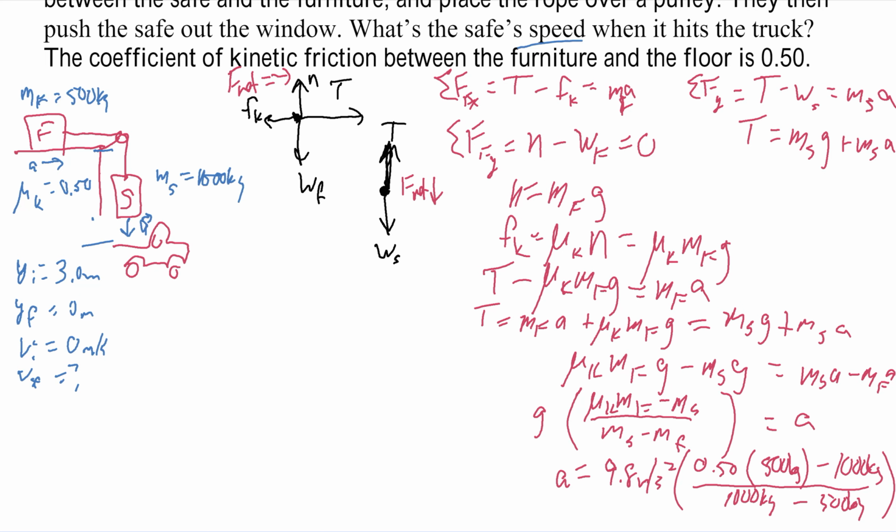What is the answer? Oh, I got a plus sign. This is a plus sign. Sorry. So 750 over 1,500, which is 1/2.